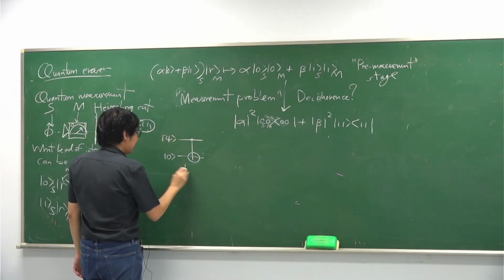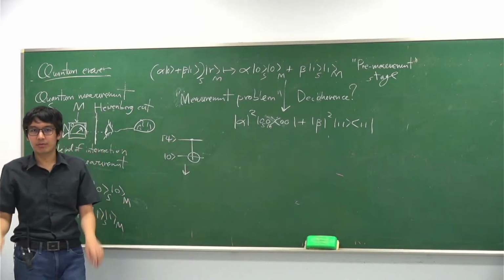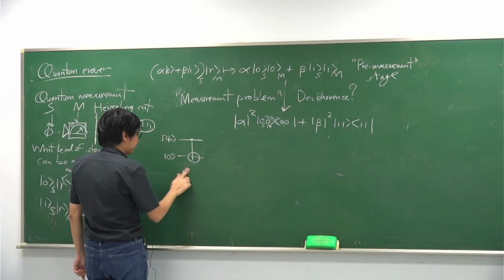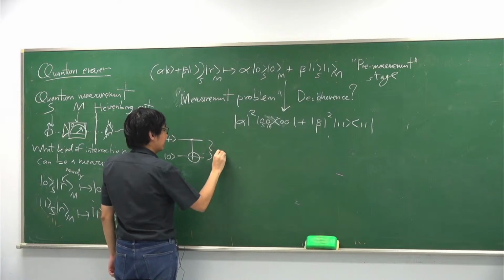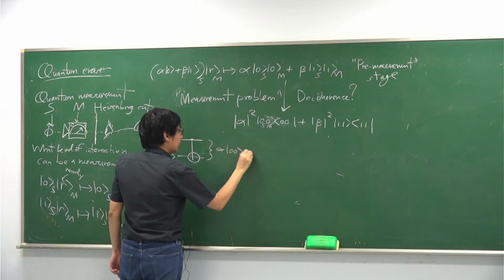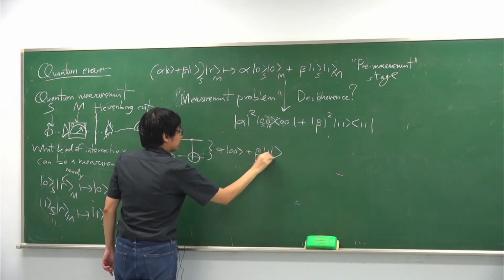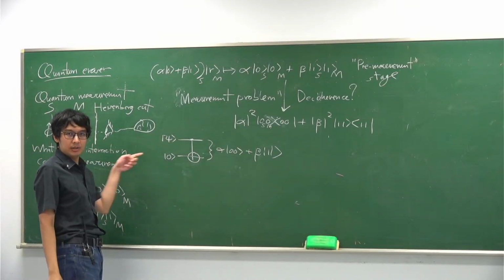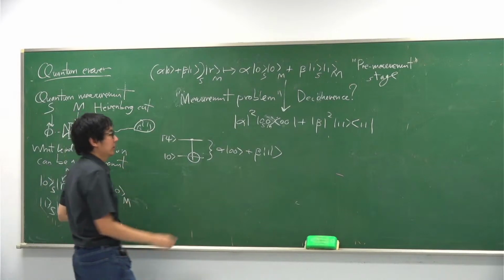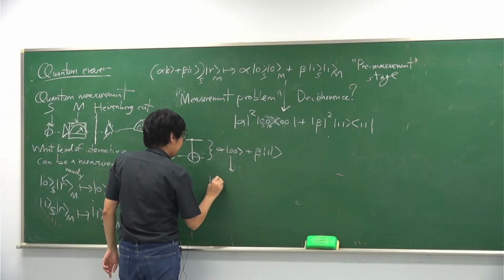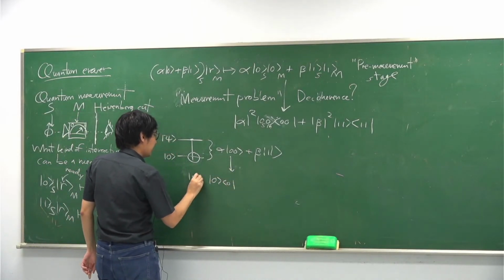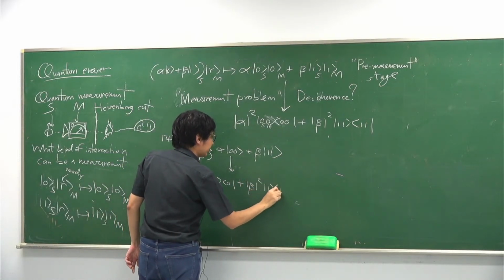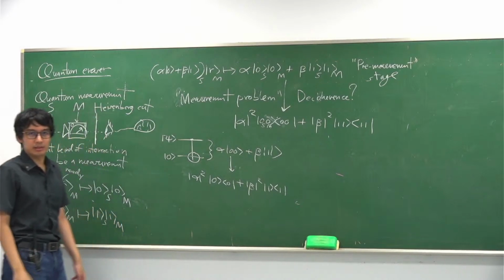What it does is just copy the information in the computational basis, right? And if we trace out the second qubit, we get this density matrix, right?